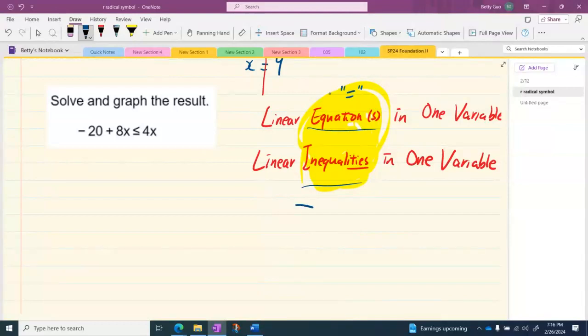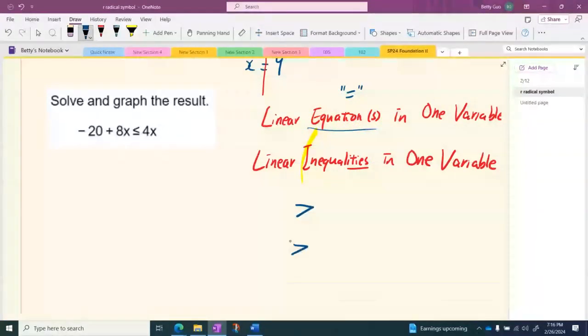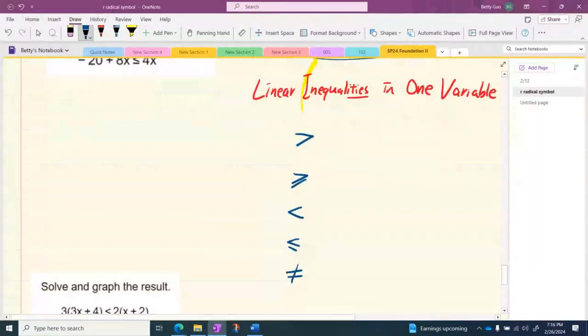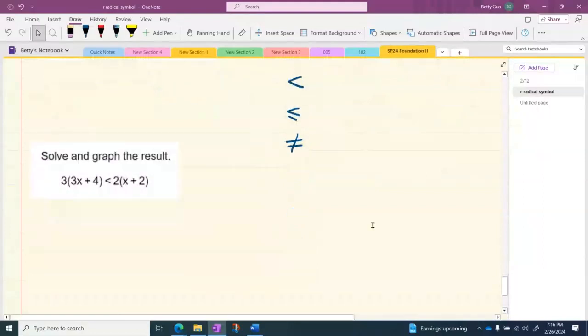We have this, we have this, we have this, and we have this. Technically this is also an inequality symbol, but we don't really solve an inequality like that.